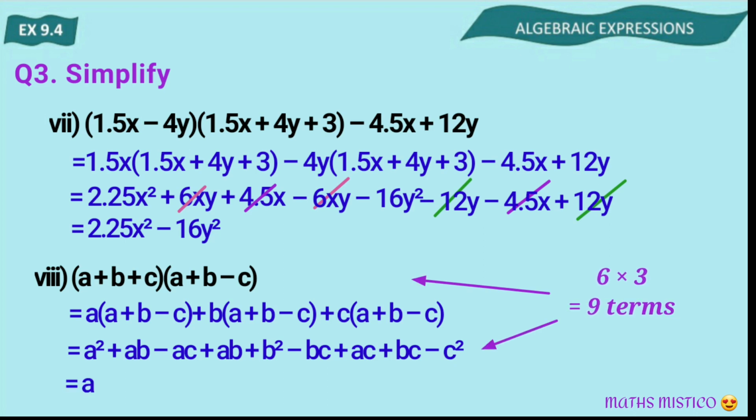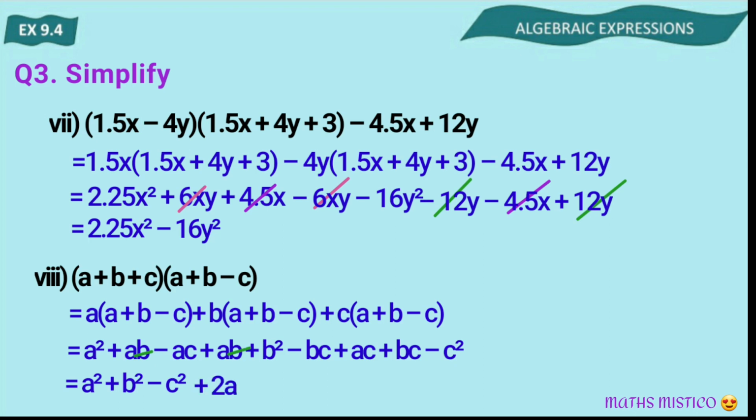Only one term of a square, only one term of b square, only one term of c square. Now ab plus ab is 2ab. AC and minus AC cancel, minus BC and BC also cancel, and we are left with 4 terms only. So this is the final answer.